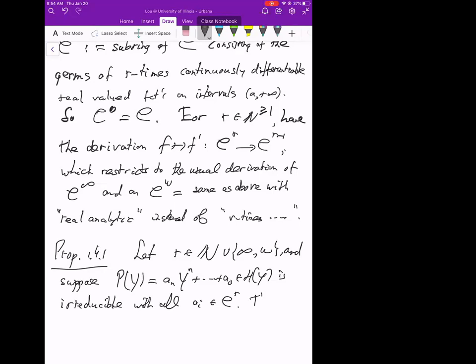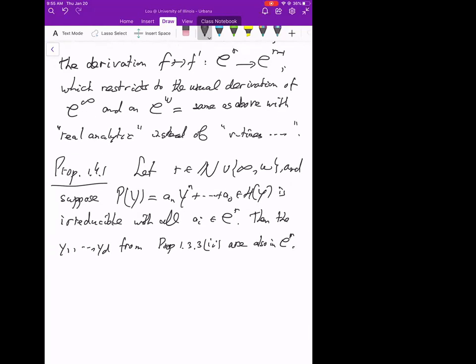Then the real zeros y_1 up to y_d that I started out with today from proposition 1.3.2 are also in C^R. So they are not just germs of continuous functions, but germs of C^R functions.